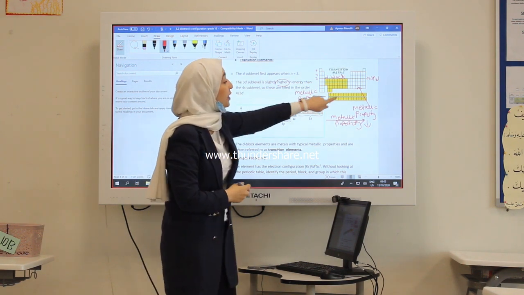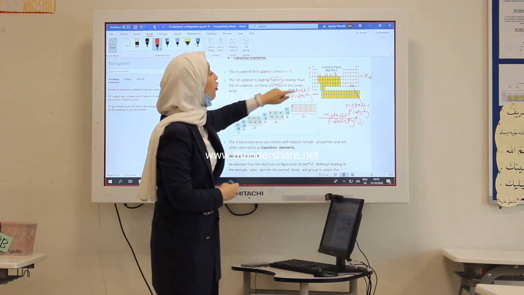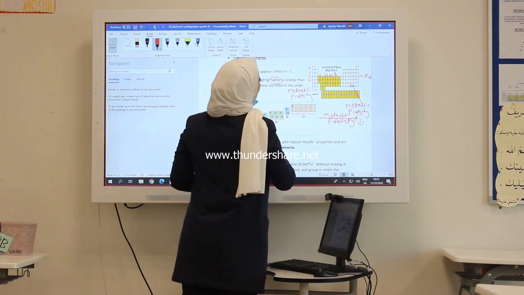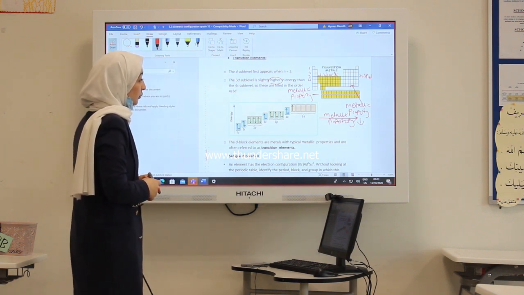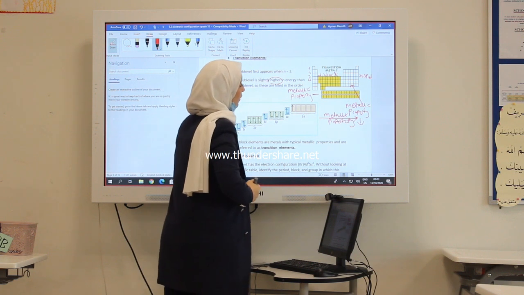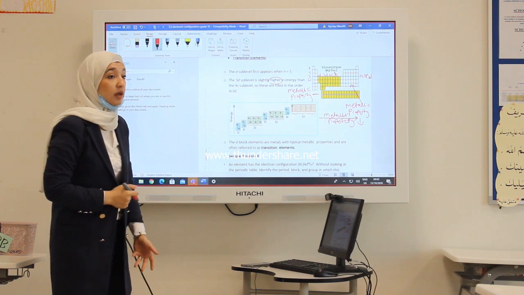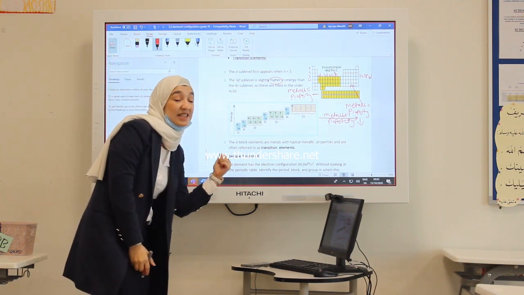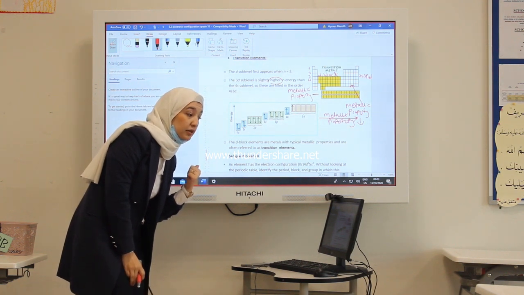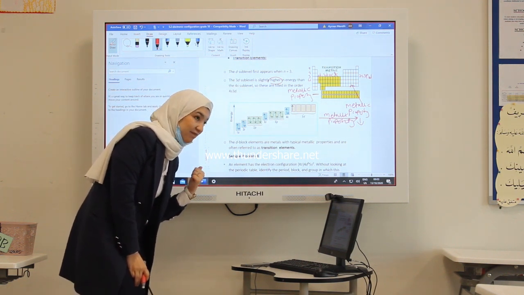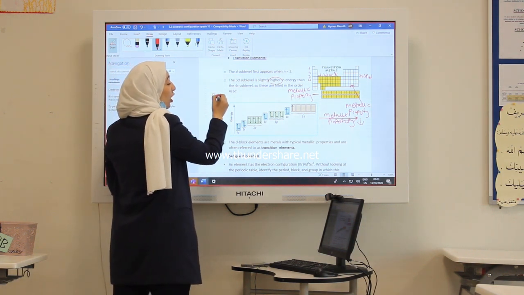Why does the 3d not exist in the third period, but locate in the fourth period, after 4s? Because we refer to the Aufbau diagram.